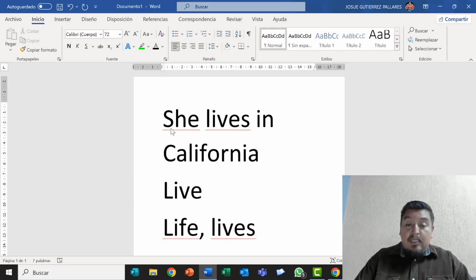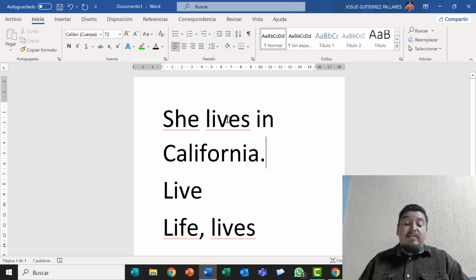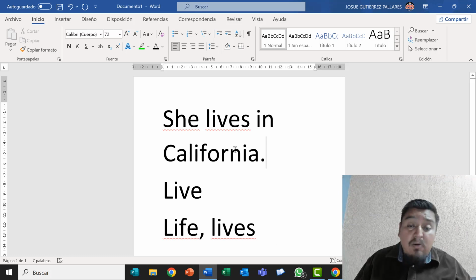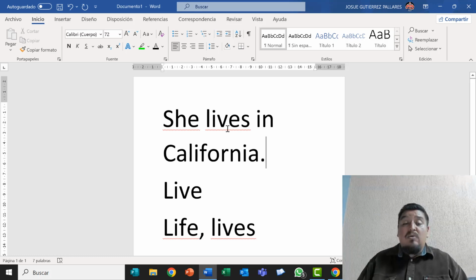Ok. Y podrás pensar, oye, pero ¿cómo voy a diferenciar el verbo vivir con el sustantivo vidas en plural? Simple. Because a verb is after a subject. And the noun is not used after a subject. Sencillo, el verbo se usa después de un sujeto y el sustantivo no lo vas a ocupar después de un sujeto.